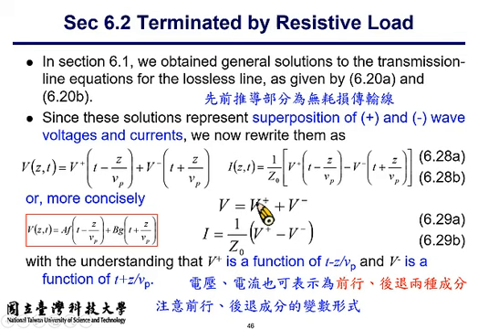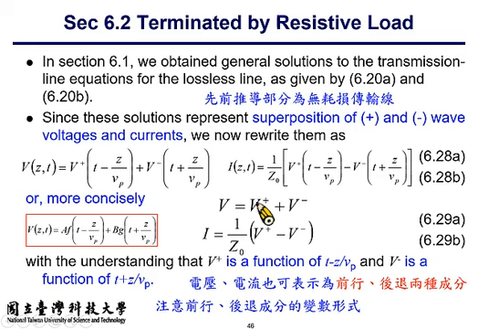So based on this result, we can rewrite the transmission line equation for both the voltage and current signal in terms of the so-called forward-going and backward-going parts.